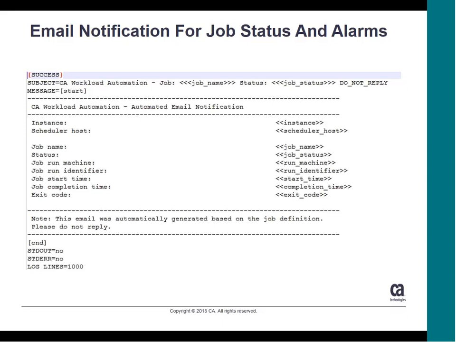Std out, std error: this talks about the provision to send the standard out and standard error files as attachments. By default these are no, but you can choose yes, and then the scheduler will ensure that the job related output files are captured and sent.